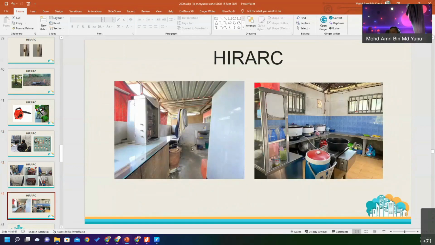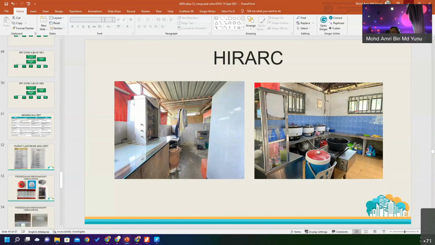And this is the hygiene of the cafe. This is from 2 years back. It's not recent. Now we have a new cafe owner. But according to students, the standard is substandard, so we actually do the risk assessment.